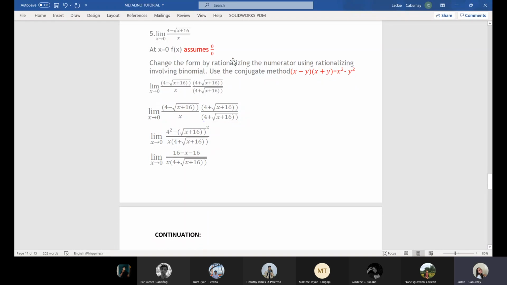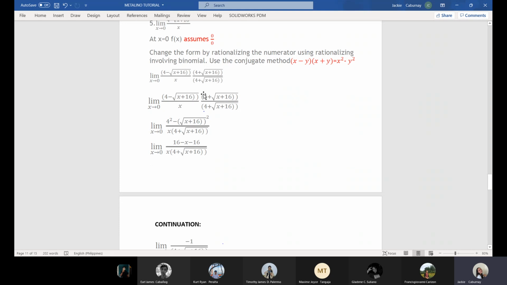To rationalize, you use the conjugate method. This is the procedure: first, you conjugate the numerator. So, you multiply by 4 plus square root of x plus 16 over 4 plus square root of x plus 16.